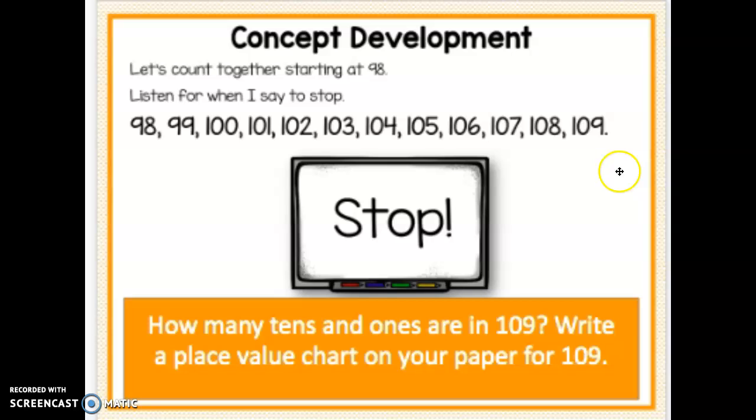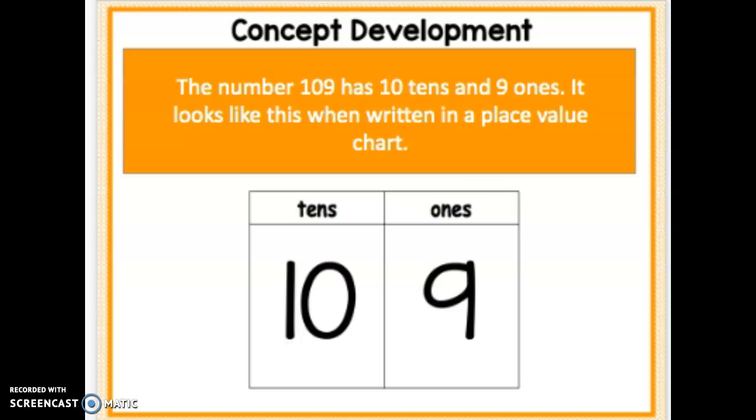How many tens and ones are in 109? Write a place value chart on your paper for 109. The number 109 has 10 tens and 9 ones. It looks like this when it's written in a place value chart.